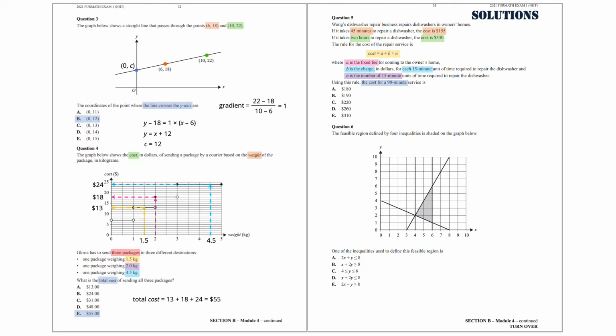First, we are going to change the 45 minutes into 15-minute units of time, that is 3, and the same for 2 hours, which is 120 minutes, that is 8 times 15 minutes. We can now write 2 equations using the information given as shown.